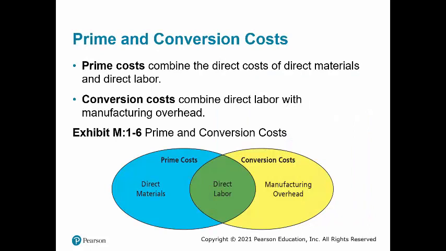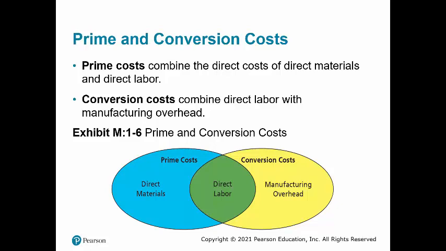Another way to look at cost are what we call prime and conversion cost. So the prime cost include the cost of the direct materials and the direct labor. We tend to focus more on prime cost when the manufacturing process is labor intensive.